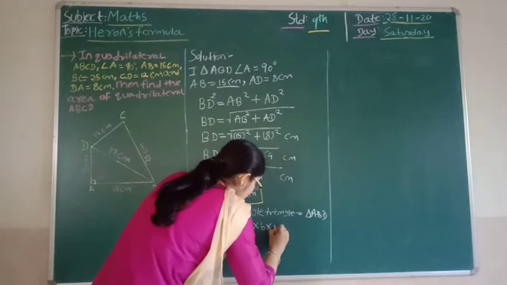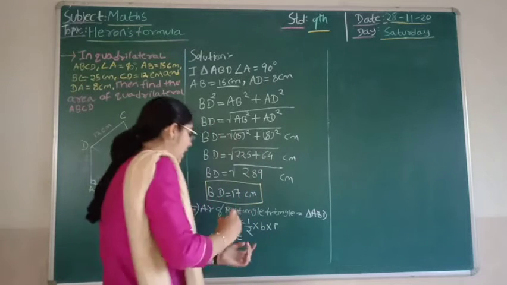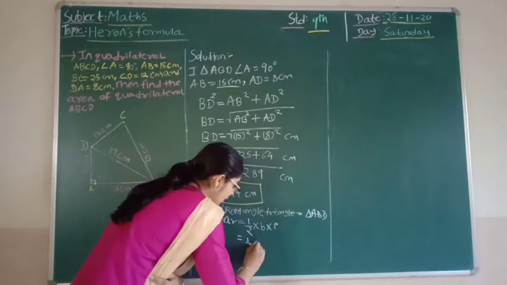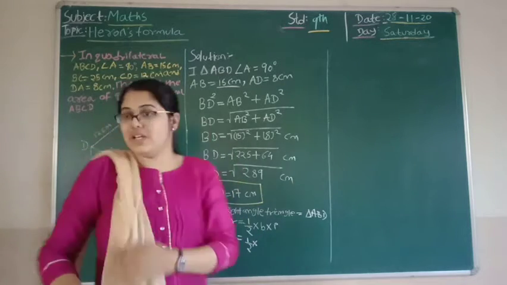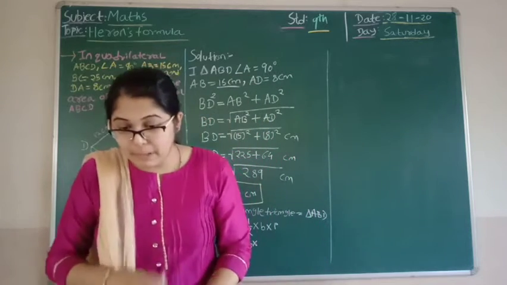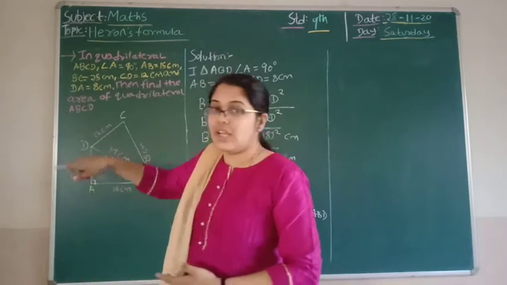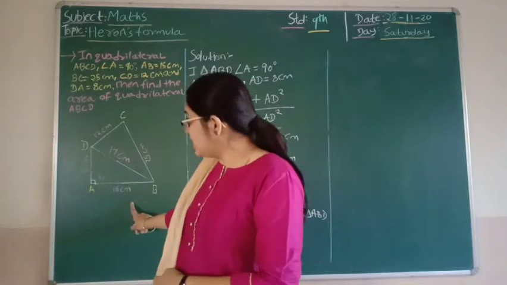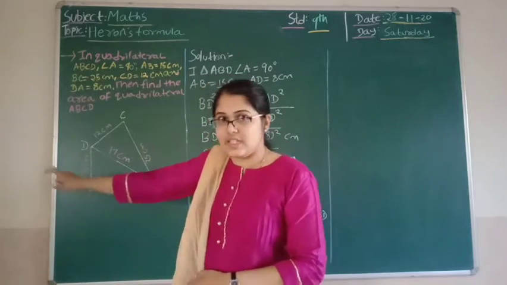The base is AB, which is 15 centimeter, and the perpendicular is AD, which is 8 centimeter. So we can write 1/2 into 15 centimeter multiplied by 8 centimeter.